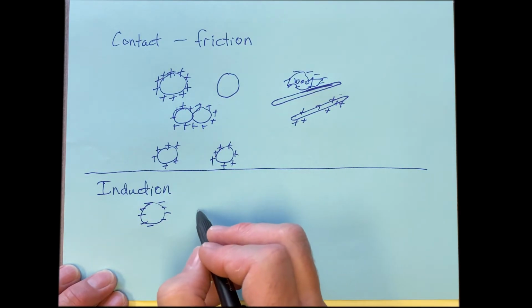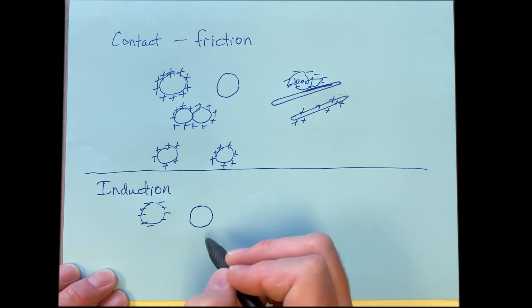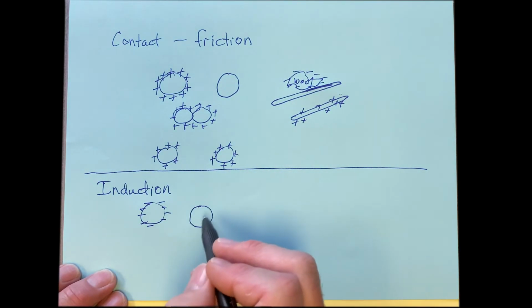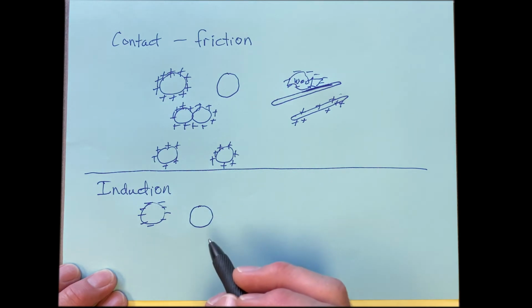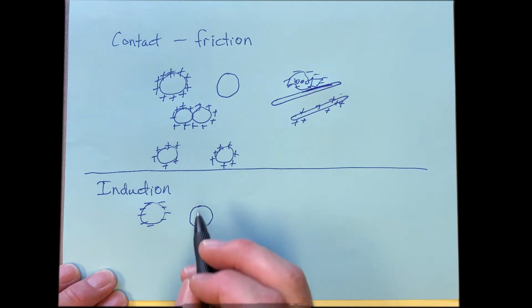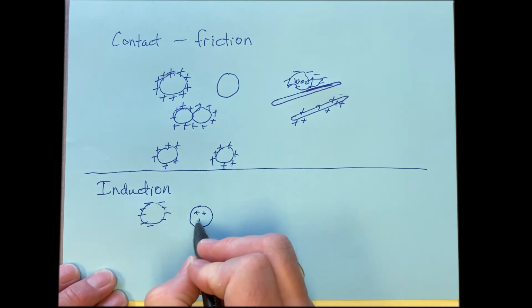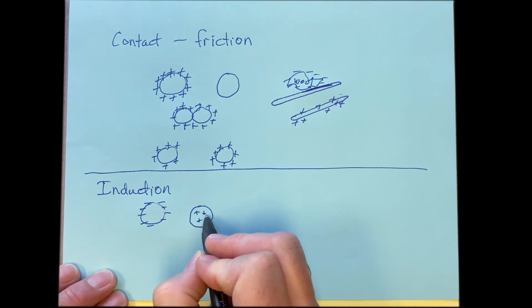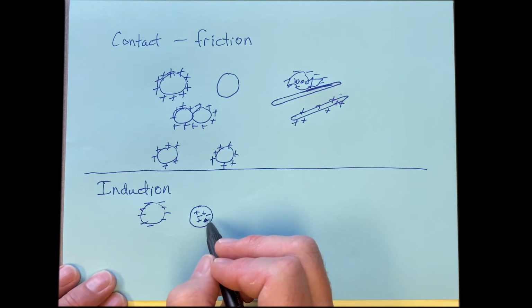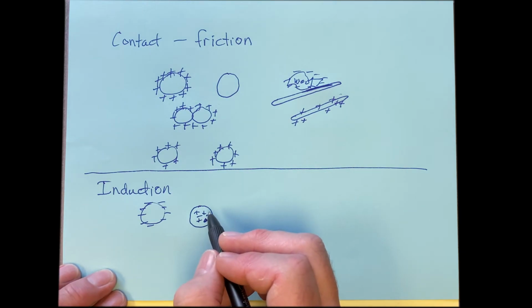Okay, and you bring that close to another neutral conducting sphere. Now, neutral doesn't mean it has zero charge. Neutral really means it has just as much positive as it does negative. So if it's got 3 positives, it's also got 1, 2, 3 negatives in there. Okay, so it's got just as much positive as it does negative, and we call that neutral.